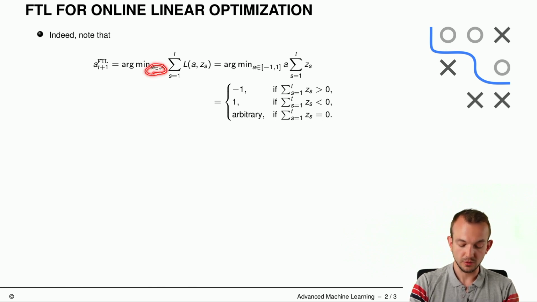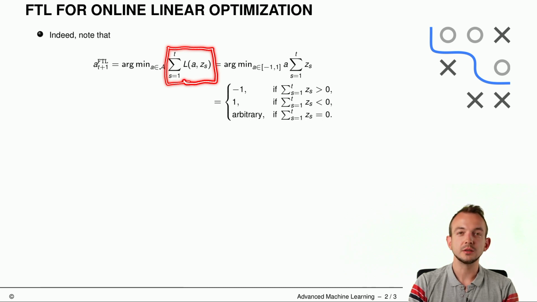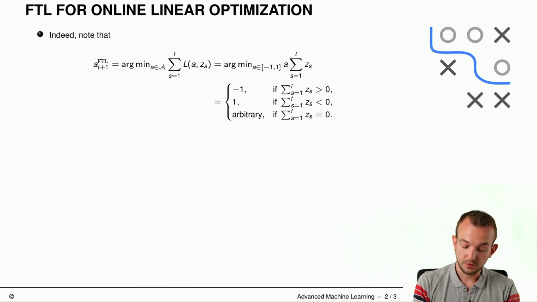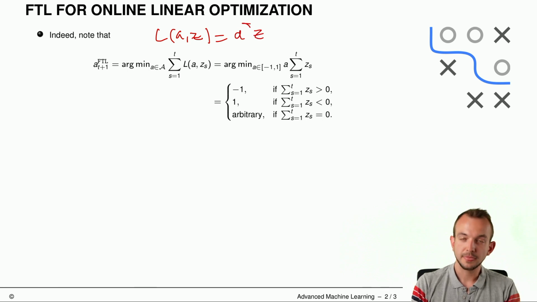It's the one, or one of the actions, which is minimizing the cumulative loss over all seen environmental data points so far. Now we plug in our definition of the loss. Our loss, remember, is the linear loss, so it's A transpose Z.